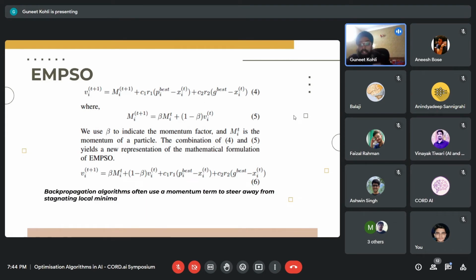Usually momentum in AI optimization is used to steer you away from stagnating local minima. So it's a very simple introduction, to be honest, not a complex one to introduce into any algorithm. They introduced this beta factor, which is a momentum factor, and they try to steer away from any stagnating local minima, which you can find in such particle optimization.